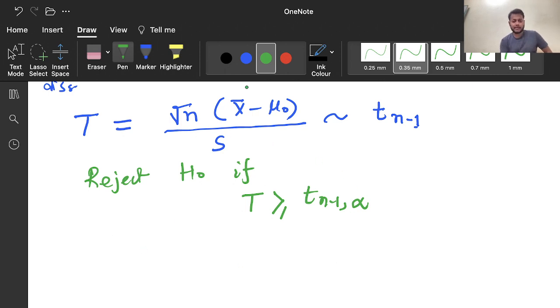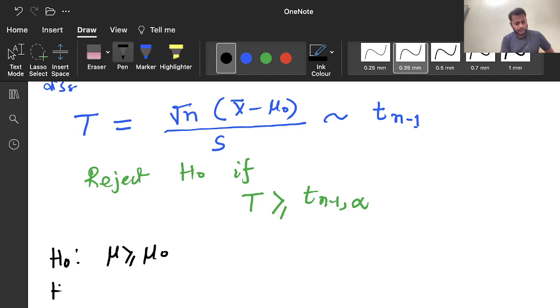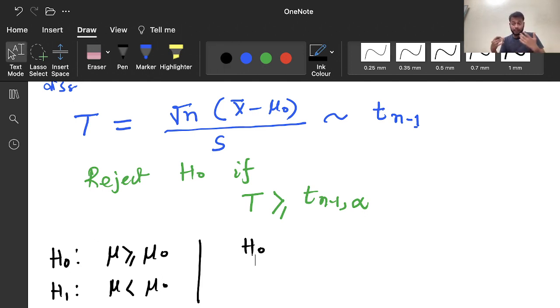And another thing we can do: the null hypothesis mu greater than mu 0 and the alternative hypothesis mu less than mu 0. And here again, you can guess what the hypothesis will be for which the test is the same.